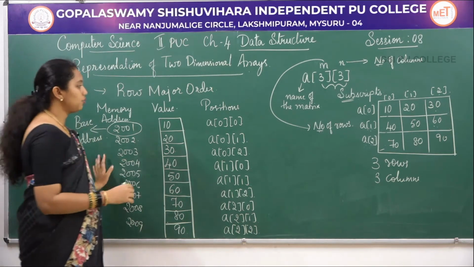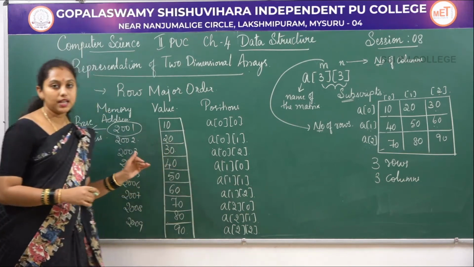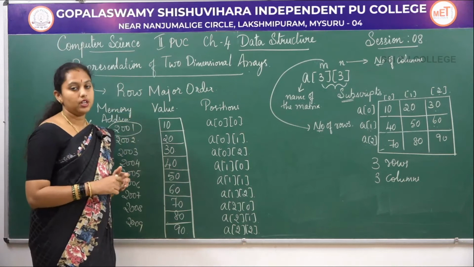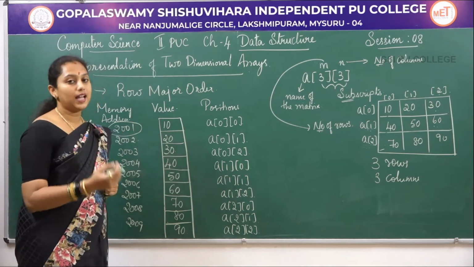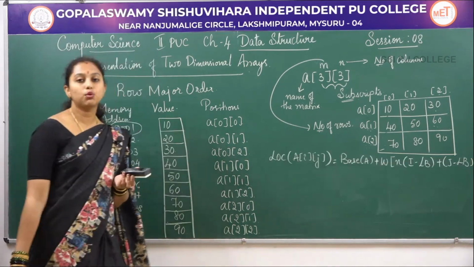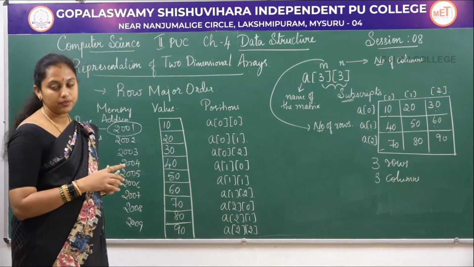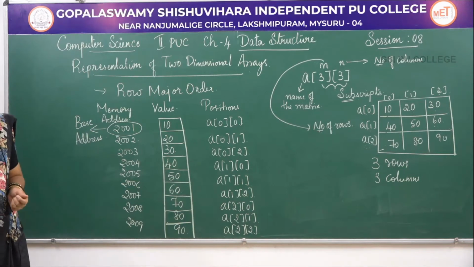So this is how we represent the array elements in row major order. Now let's see how to calculate the memory address of any element in an array. There is a formula for that.